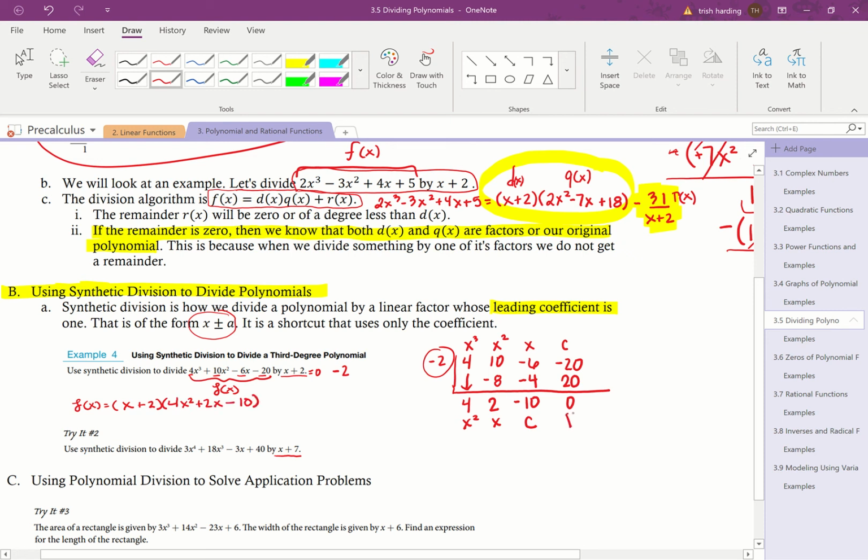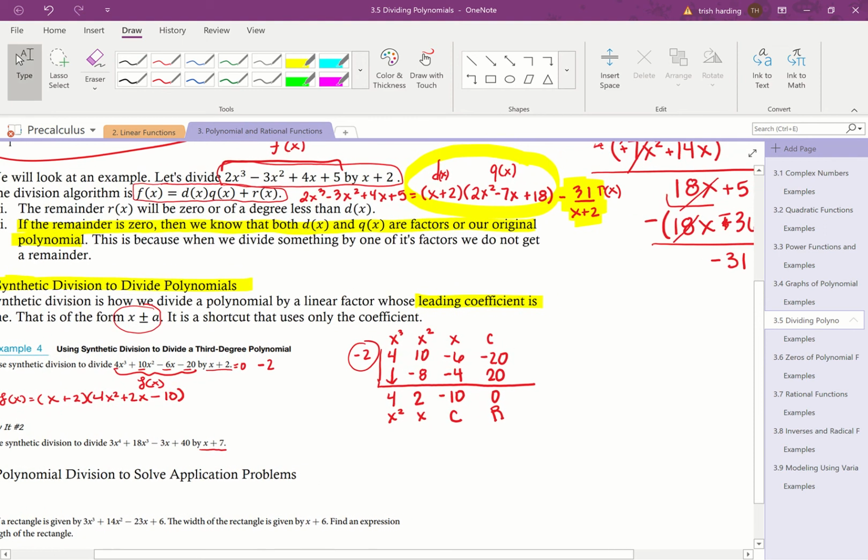And notice this last one's our remainder. Our remainder is 0. So that means that x plus 2 is a factor of our original polynomial. And this is how we'd write something without a factor. Of course, we can further continue to divide that, but that's not the point of this problem. It's just to show you synthetic division.